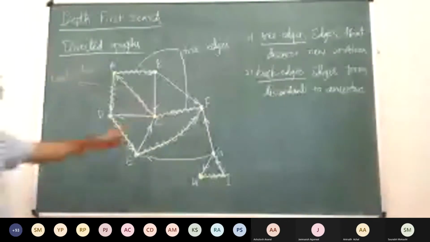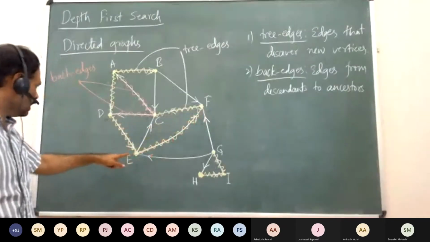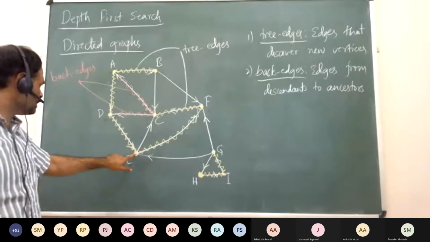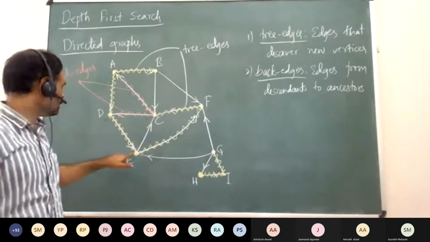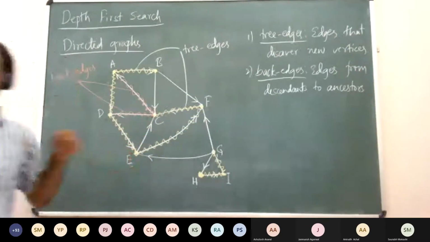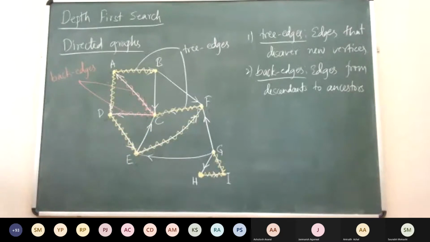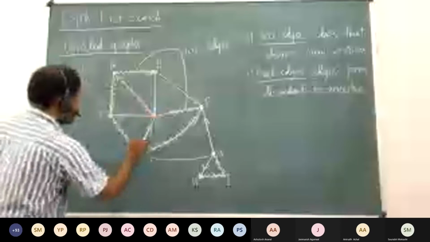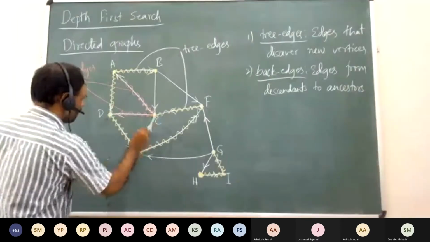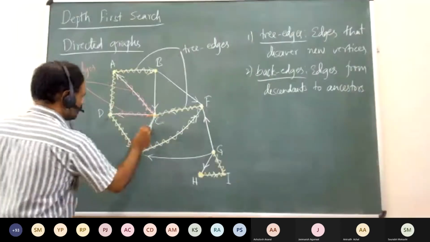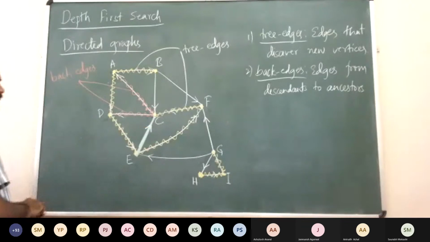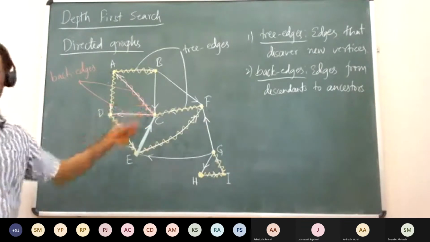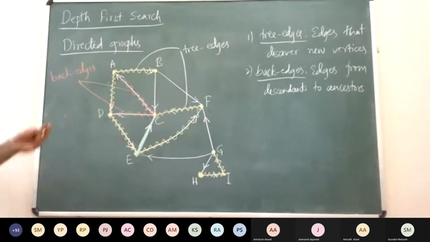Okay. Then the traversal comes back. At E, there is one more edge, EC, right? It is from an ancestor to a descendant. Okay. So this edge, I don't know whether this color is visible, right? This green edge is from an ancestor to descendant. We also differentiate these kind of edges.